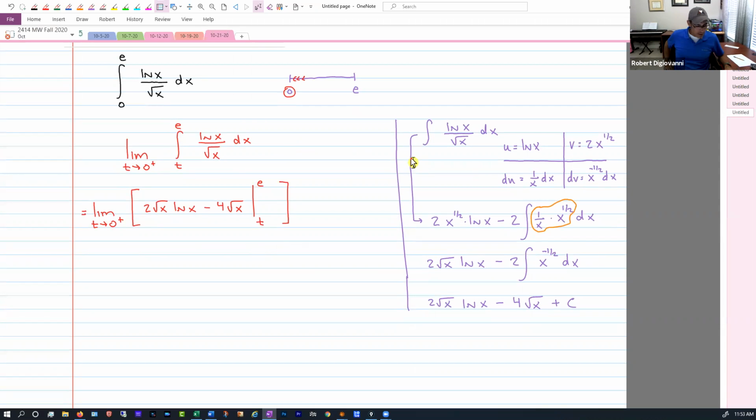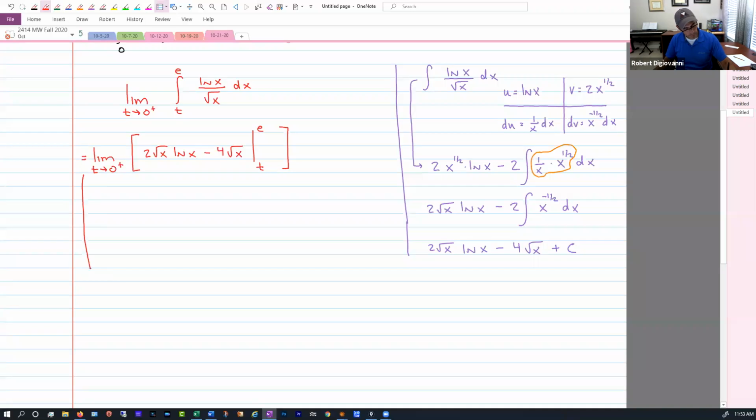Okay, so we're plugging in now e, and then we're going to plug in t. Any questions? I'm going to move this down because I might need a little more room. So I'm going to do the limit as t goes to 0. I have two things to plug in, see what we get.